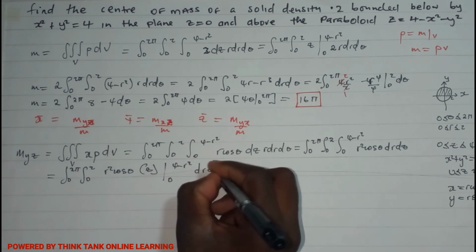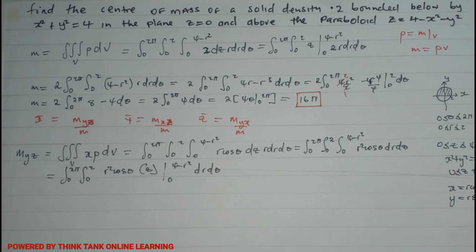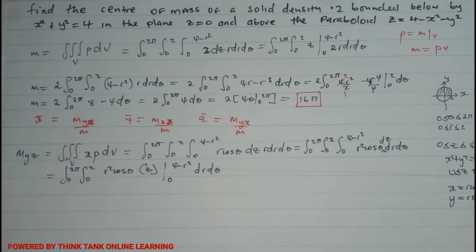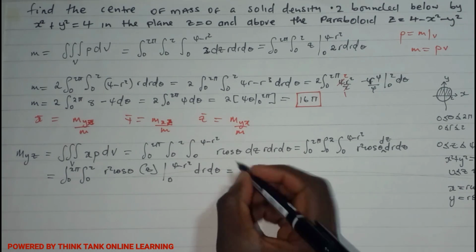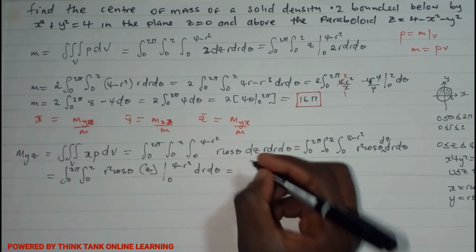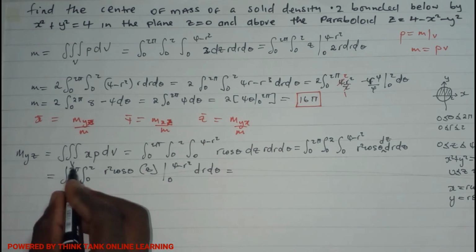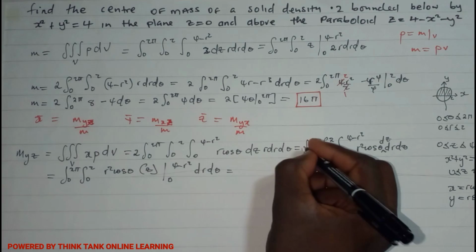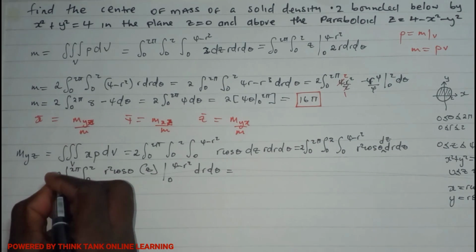So we have dz here. Upper bound minus lower bound, and since the lower bound is 0, everything goes to 0. We also have the density, which is 2, a constant.